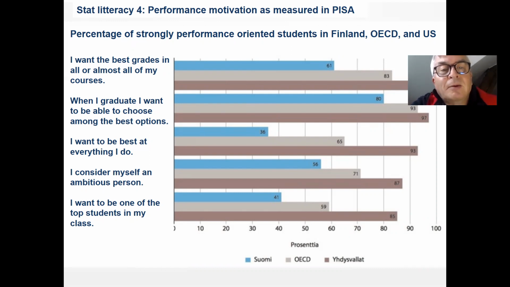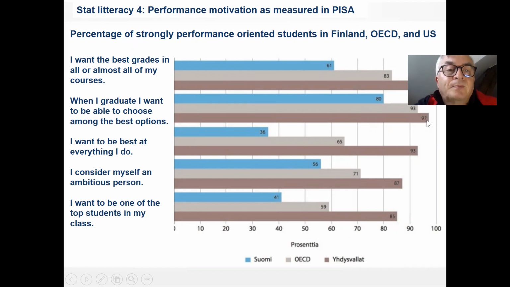Okay, when I graduate, I want to be able to choose among the best options. You can see that the same thing, performance motivation, is measured, but here the indicator for Finnish students is much higher. It's 80% here, while it's almost 100% in the United States.